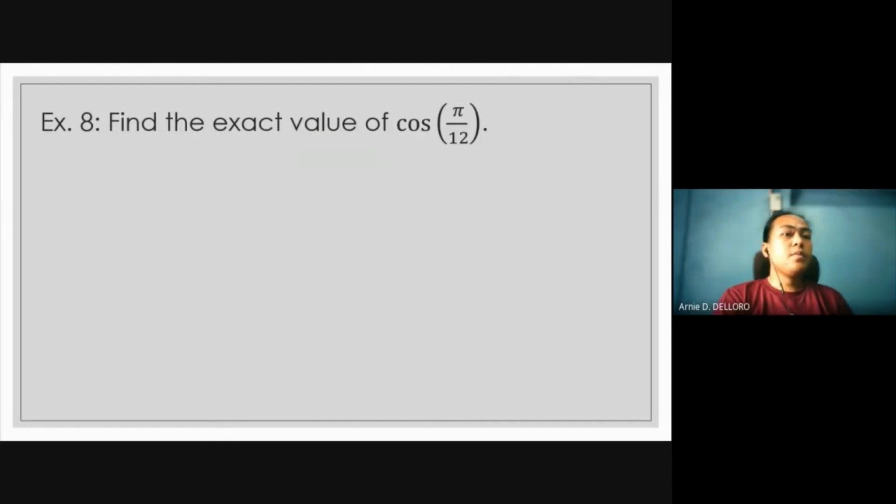So in this case, in determining the exact value of a particular trigo function, one of the things that I can suggest, etong pinag-usapan natin yung cosine pi over 2, is to express the angle given using the special angles.